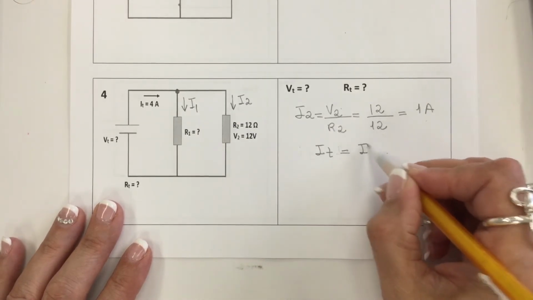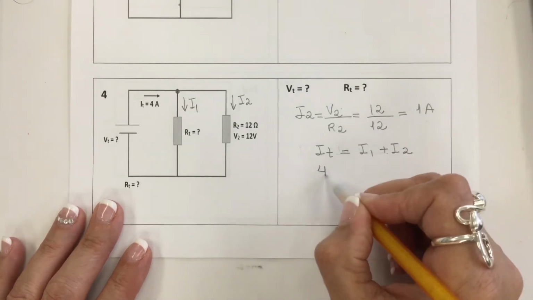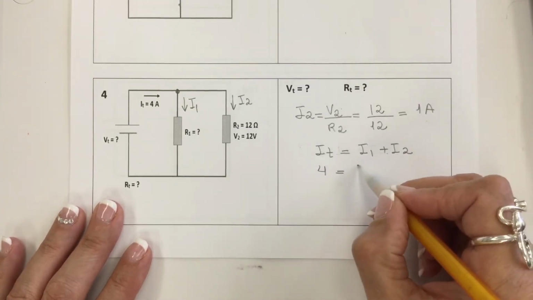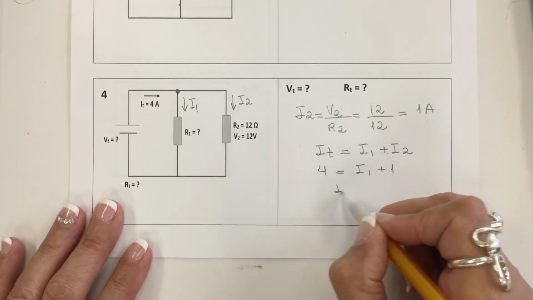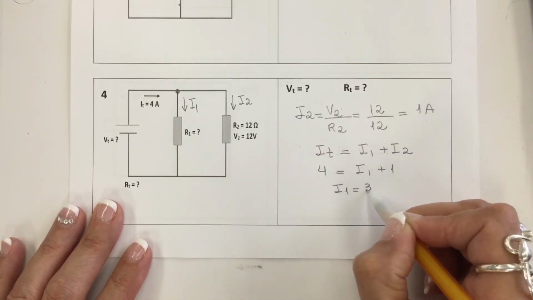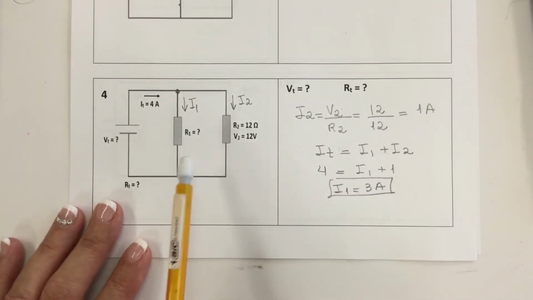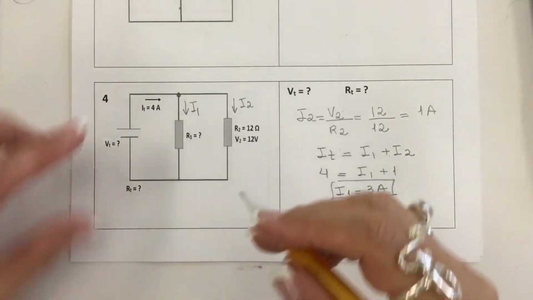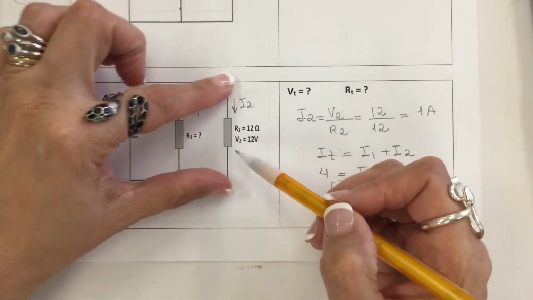So it's I1 plus I2. My IT is 4. My I1, I don't know. And my I2 is 1. So my I1 is 3 amps.